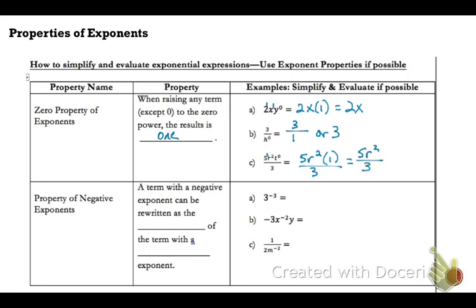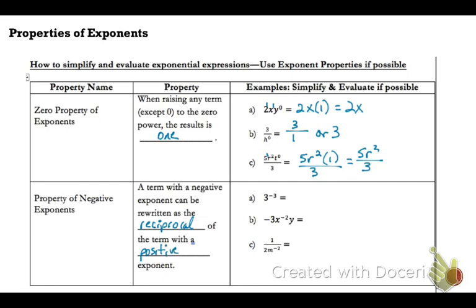Now the second property is what to do with negative exponents. With negative exponents, we need to rewrite them as positive exponents and then evaluate or simplify if we can. So a term with a negative exponent can be rewritten as the reciprocal of the term with a positive exponent.